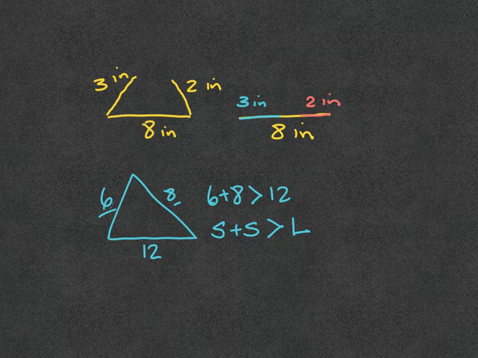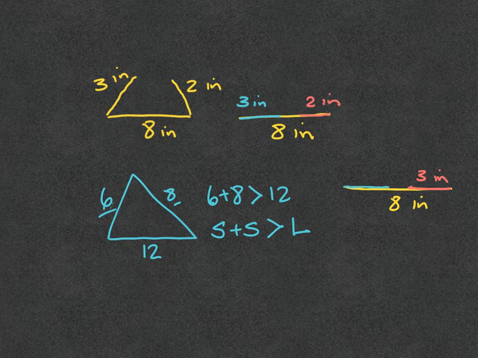I can't put the little line under here saying equal to, because let's say this was a 3. Let's draw this again, because I don't think it'll let me erase. Let's go back to this original one, but let's say instead I had 3 here and 5 here. 3 plus 5 is 8, right?